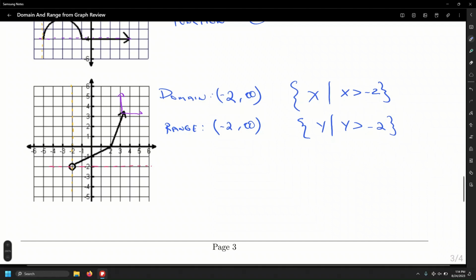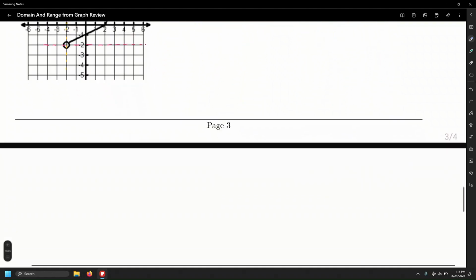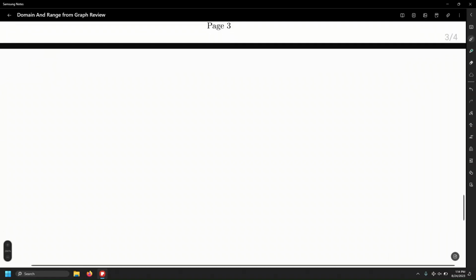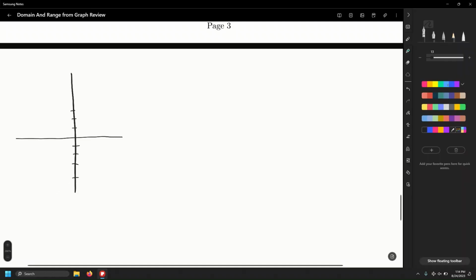Okay, so you might want to use the back side of the page for other examples I'm going to make up here. So, let's see. I would like to do, how about something that looks like 1, 2, 3, 1, 2, 3, 4. Okay, I'm going to do sort of a V-shaped graph upside down.